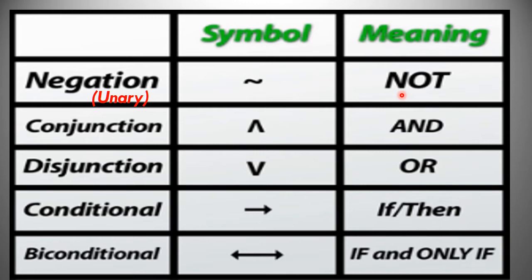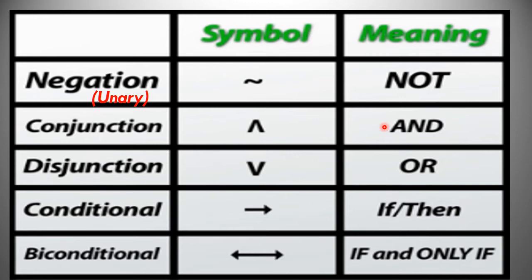Okay, next logical operator is conjunction. Conjunction means combining. Again, this combines two statements, and the keyword is and. That means if you have two statements P and Q, then conjunction is P and Q. We just write it together. We combine it.